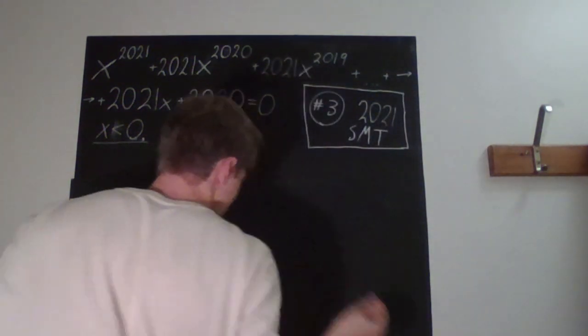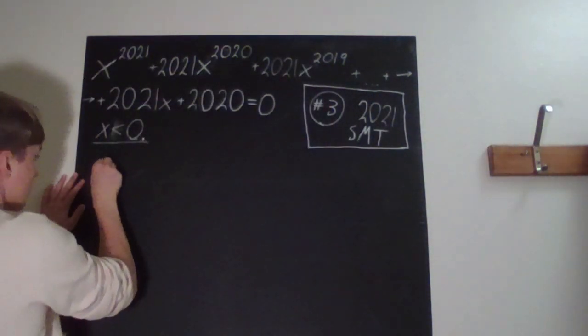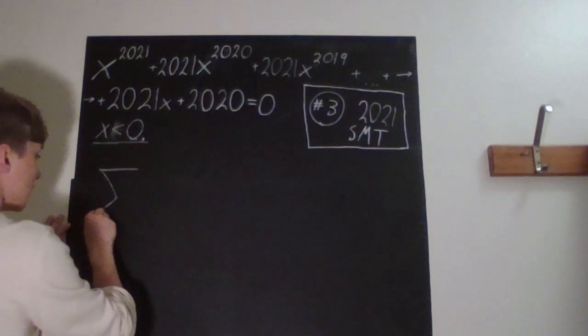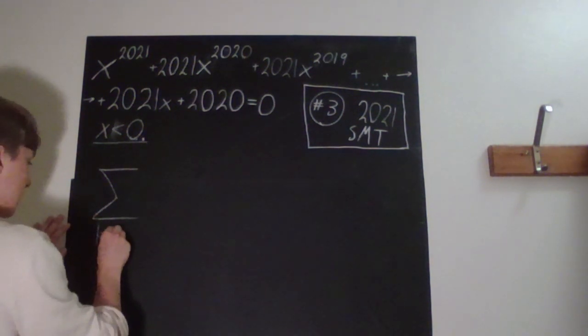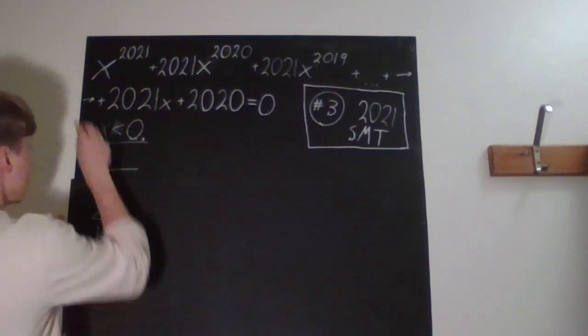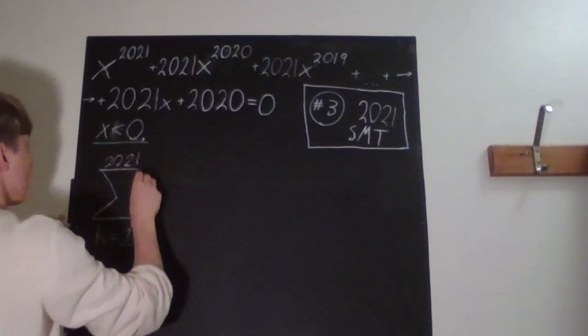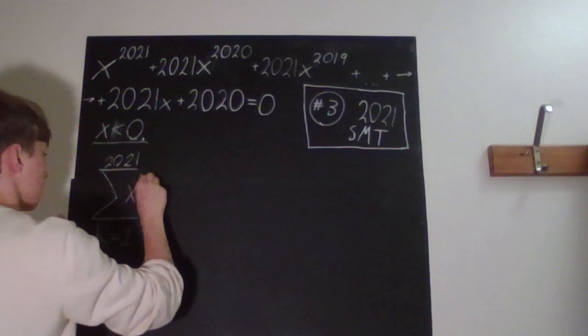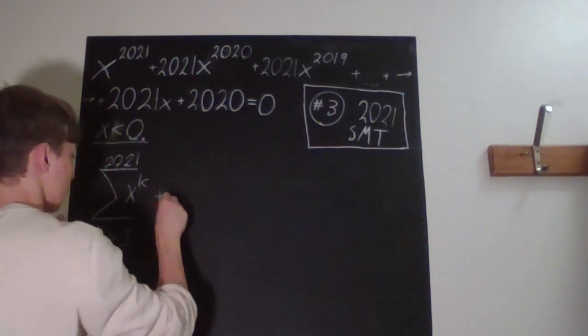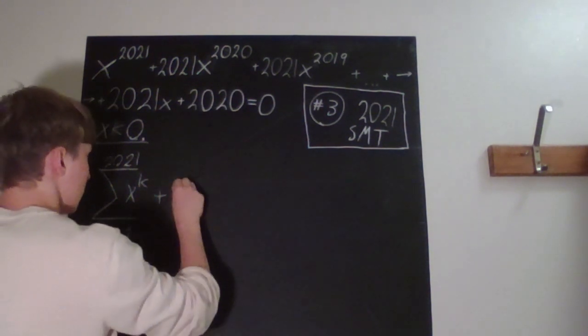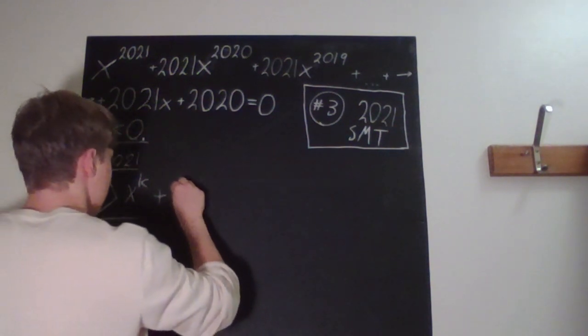So we can write this in sum notation. Then we have the sum, with dummy index k going from 1 to 2021, of just x to the power of k. And then we'll have another geometric sum where we have the coefficient 2020.